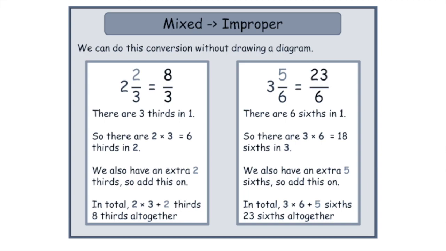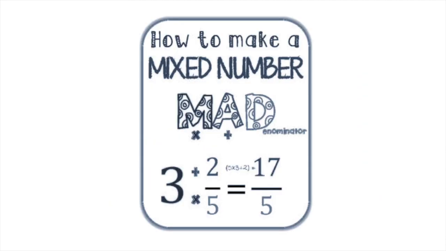So I know that in 1 whole, there's 3/3. So in 2 wholes, there's 6/3. And 2 wholes, or 6/3, plus 2/3 is equal to 8/3. An easy way to figure out how many fraction pieces are in that whole number is to use the acronym MAD.